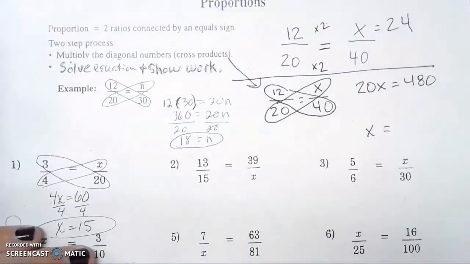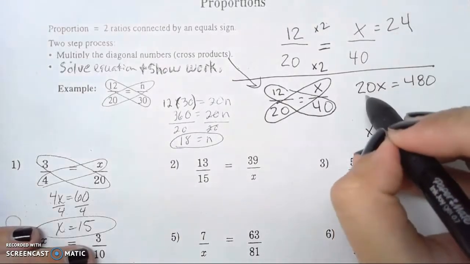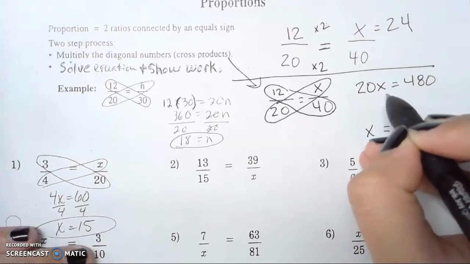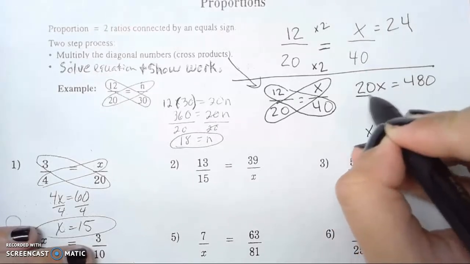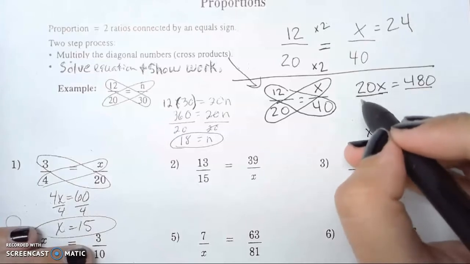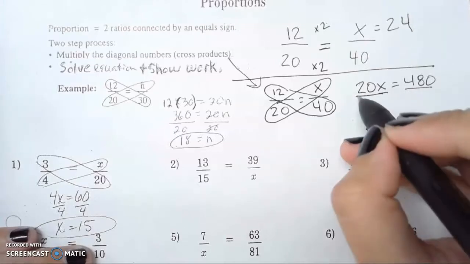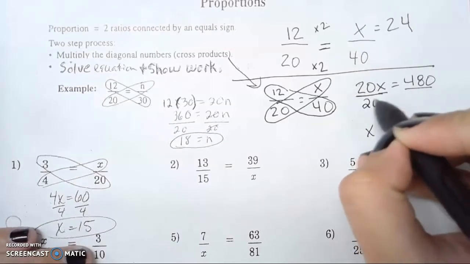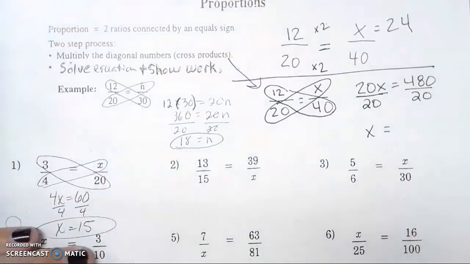So if I want to move the 20 over to the other side, I have to do the opposite of multiplying, which is dividing. So to show that I'm dividing on both sides, because remember we still have to show all of our work, I'm just going to use the fraction bar, because remember from yesterday with unit rates, fraction bar means divide. So I'm just going to say I'm dividing by 20 on both sides of my equal sign.